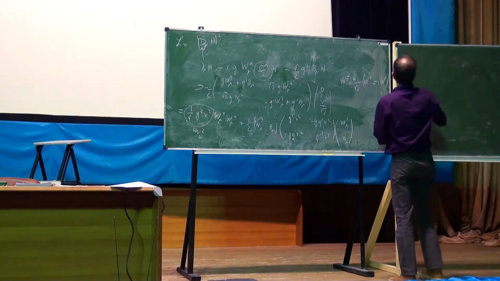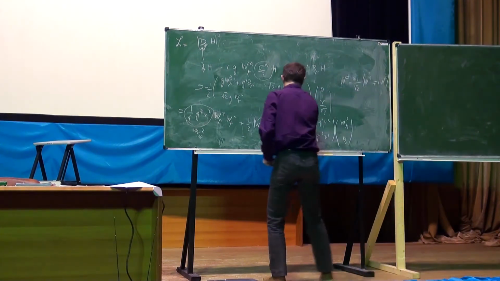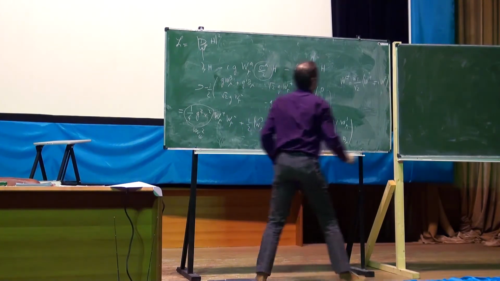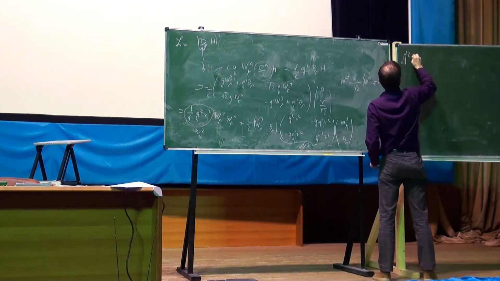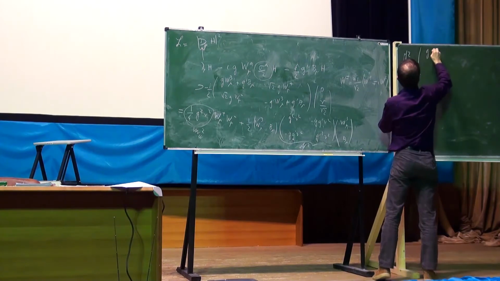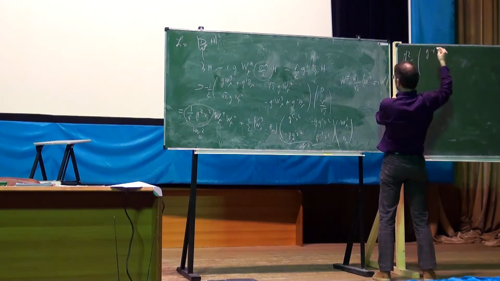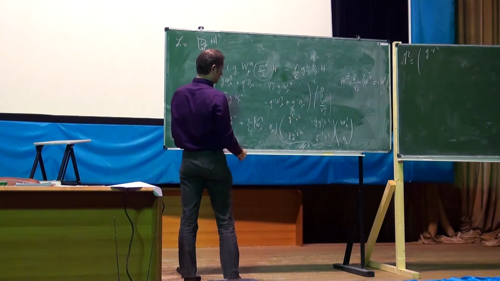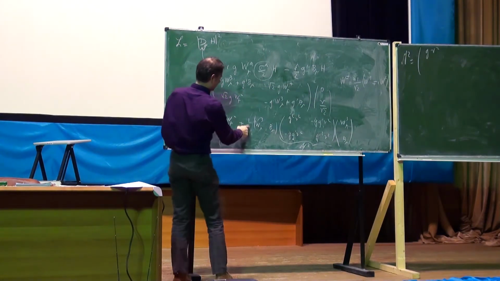Okay? So, call this matrix M squared. So M squared is g v squared, or maybe I should put, here is probably 1 over 8.